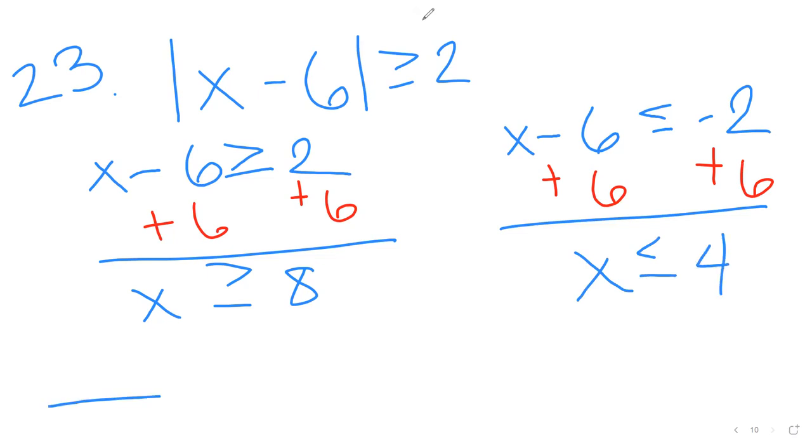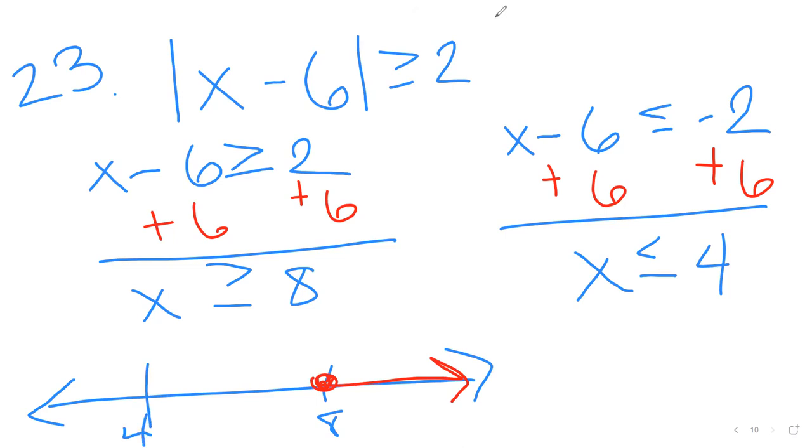Let's look at the number line to see how those match up. Greater than and equal to 8, so we could use a solid dot and come over here, greater than or equal to 8. Then 4 is going to be somewhere over there.